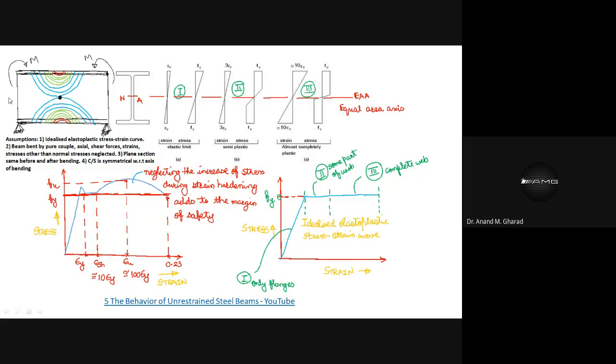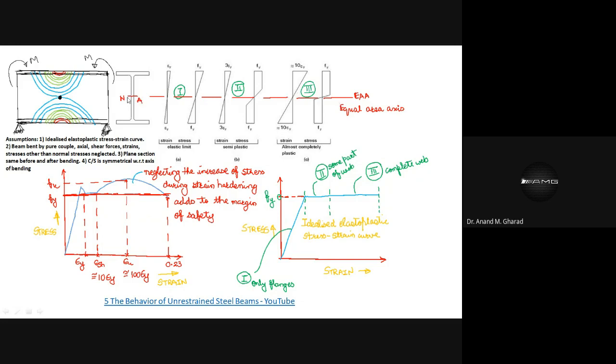The beauty of this plastic hinge is that one axis is developed which is known as the equal area axis, in the sense that the areas on the compression side and the tension side are both equal about this axis.